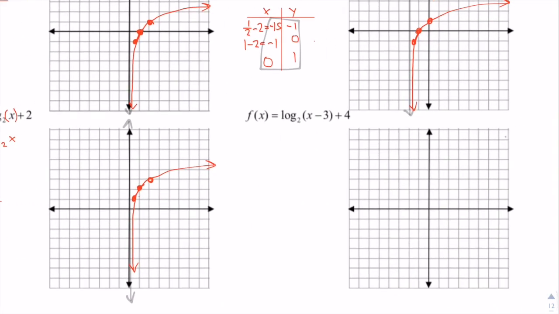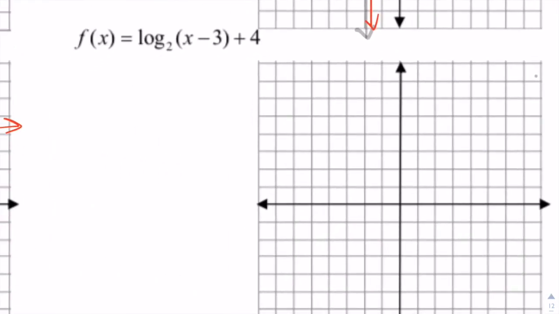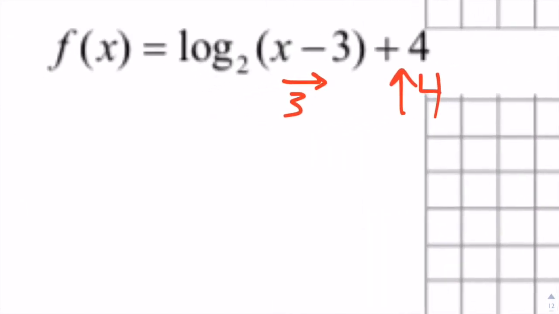Okay, last one, we're going to see shifts both ways, right? So once I see this, I see that I'm going to shift to the right 3, which would change my vertical asymptote from x equals 0 normally to x equals 3 over. This plus 4 would just obviously shift everything up 4. And let's just take a look at how we would solve and put this into exponential form. Alright, so first things first, I would subtract that 4 that's on the right side of this equation.